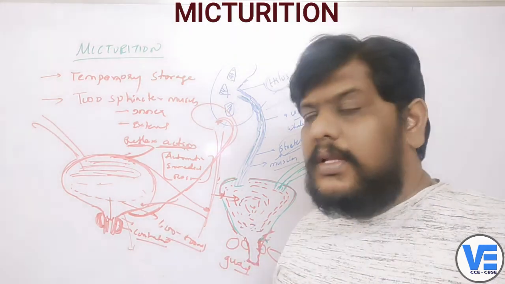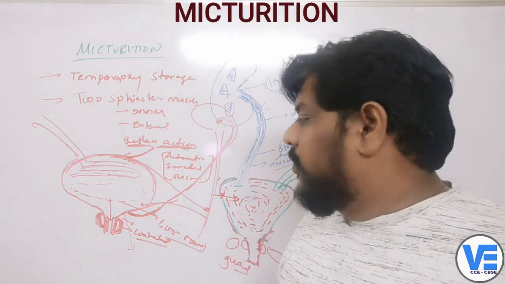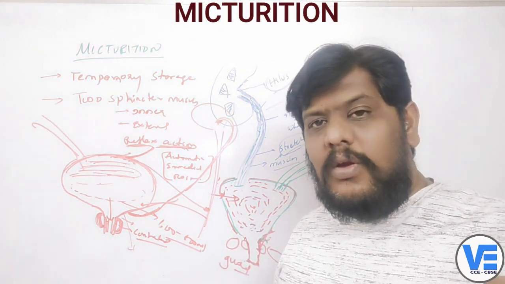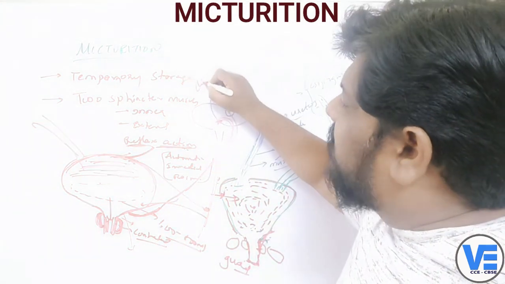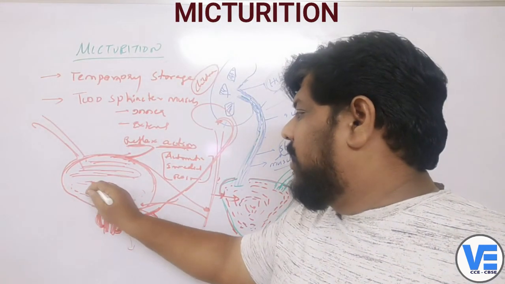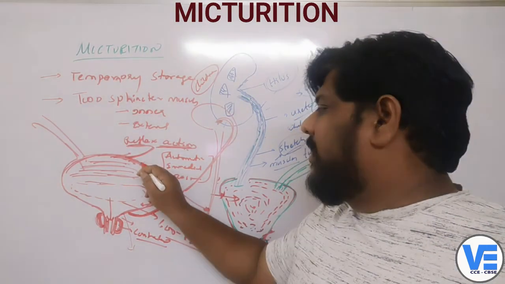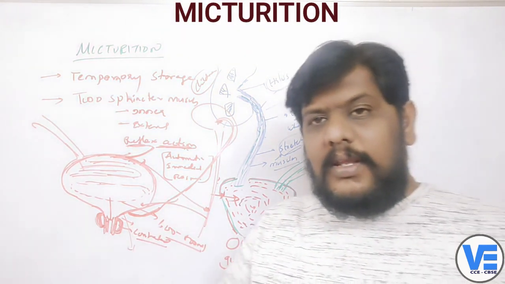The contraction of these sphincters will not fully work in very young children, like babies, because they don't know that. Whenever the urinary bladder gets filled to some extent and the information goes, they immediately urinate, even if you are holding them in your hands.